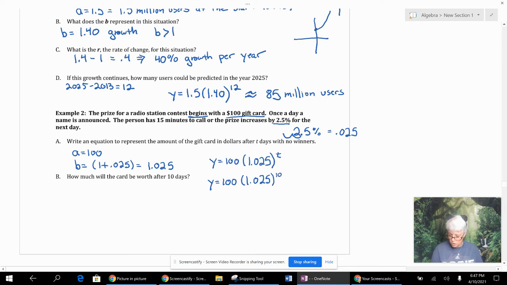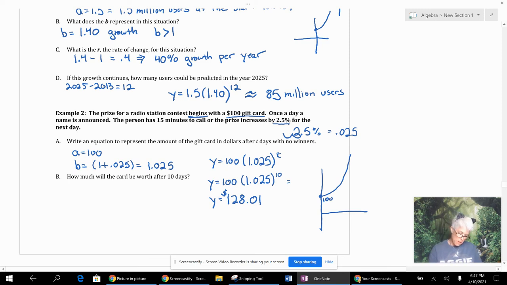And I come out to y equals $128.01. So again, on a graph, it really would just start right here at 100, and then it would go up.